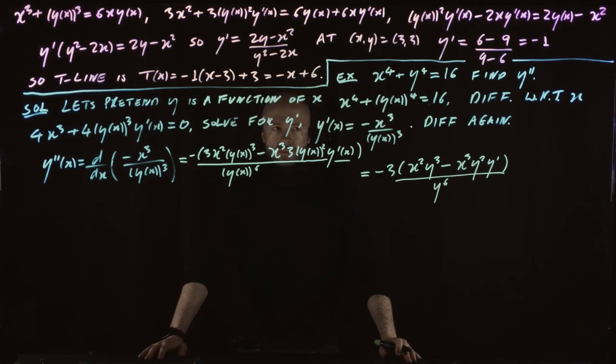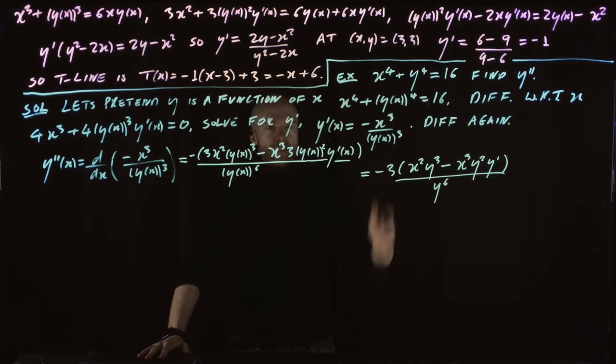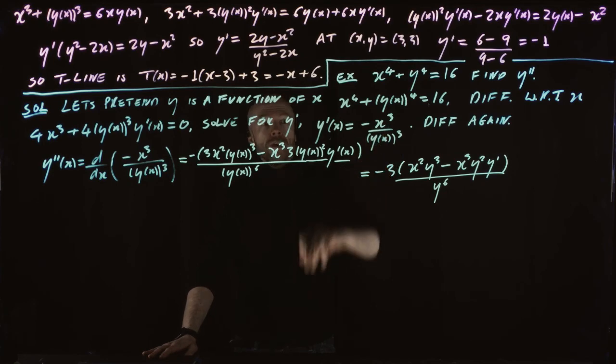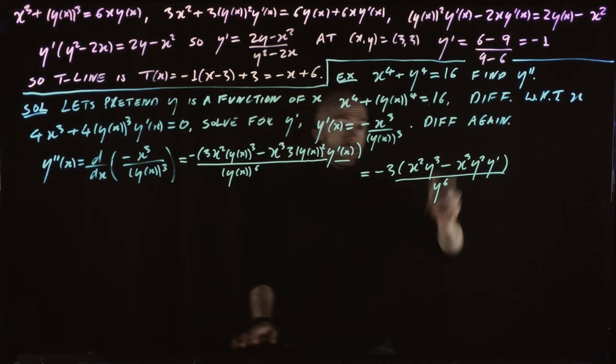But we need this just in terms of x and y. So we can't have a y prime there, but happily we have the formula for y prime. It's right here. y prime is minus x to the 3 over y to the 3. So we can replace that in here.